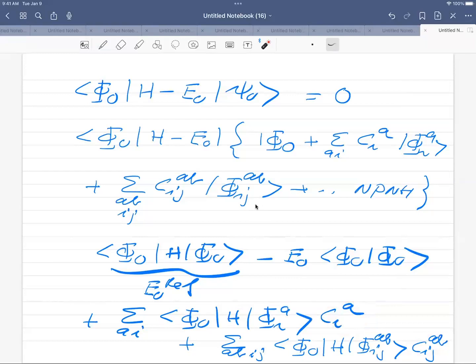But what is interesting now is that you can single out the difference between E0 and this reference energy in terms of these two contributions. And that's going to be called the correlation energy. So this difference, E0 minus E ref, because this equation here has to be equal to 0. So I would shuffle E0 over to the right-hand side and subtract the reference energy, and that gives me the correlation energy.